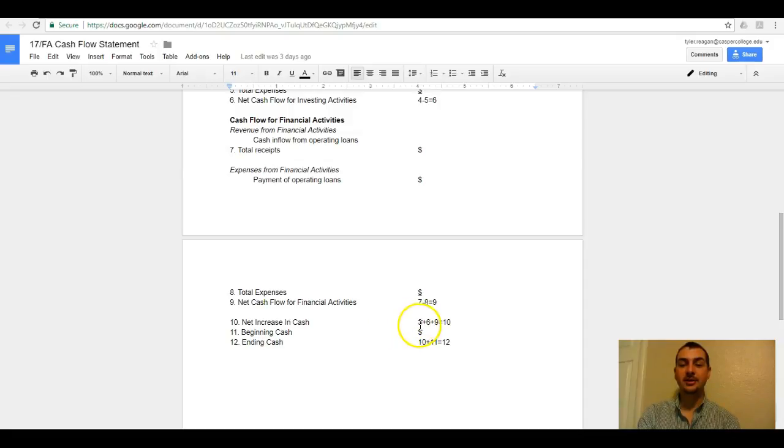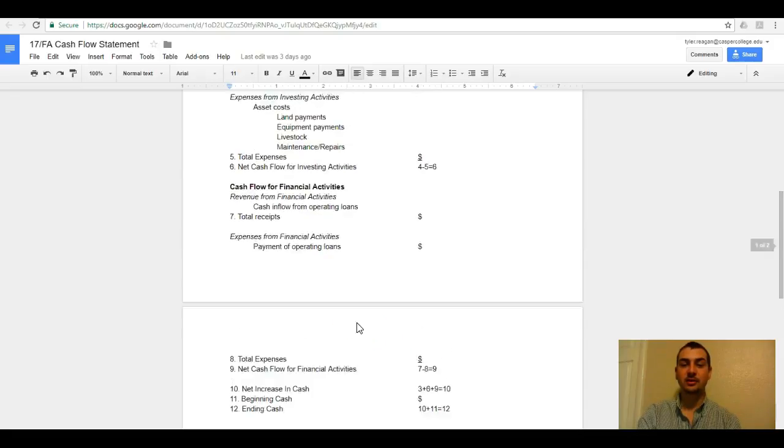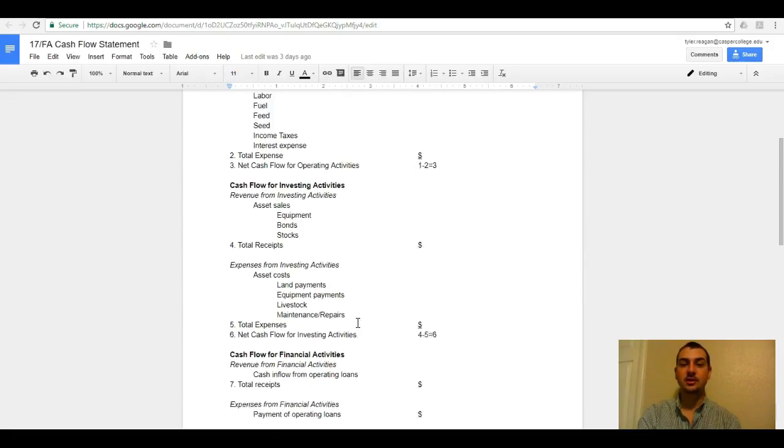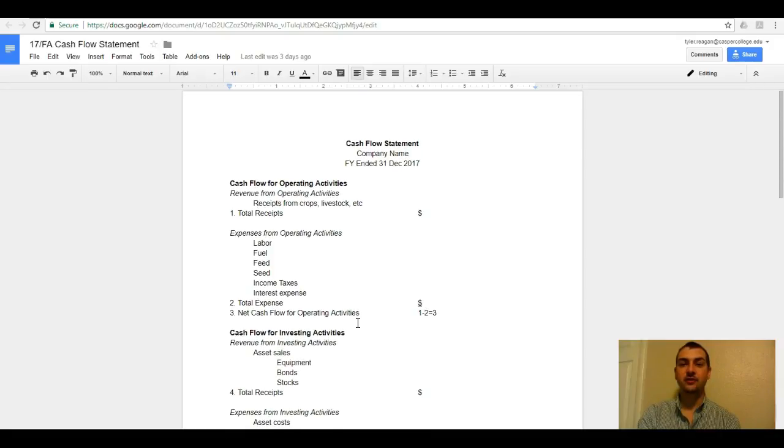So as a result, this number might be negative in certain years. Well, you still follow the same process. You take this negative number, add it to the beginning cash, and your ending cash will actually be less than your beginning cash, which makes sense. You spent more than what you made, so it pulled on your checking account and dropped your checking account down. But essentially, this is a quick little review of how you actually come up with a cash flow statement.